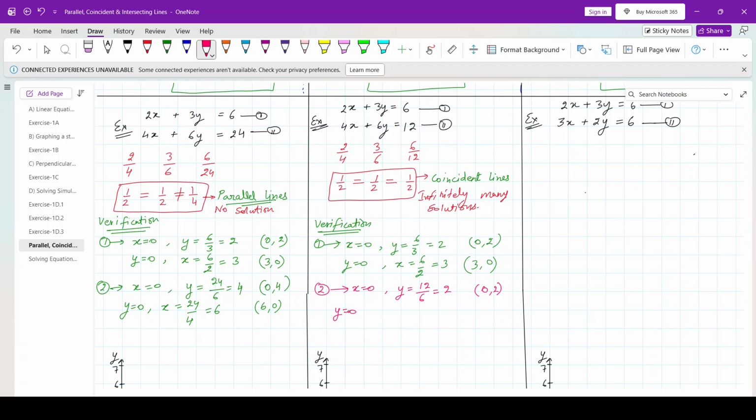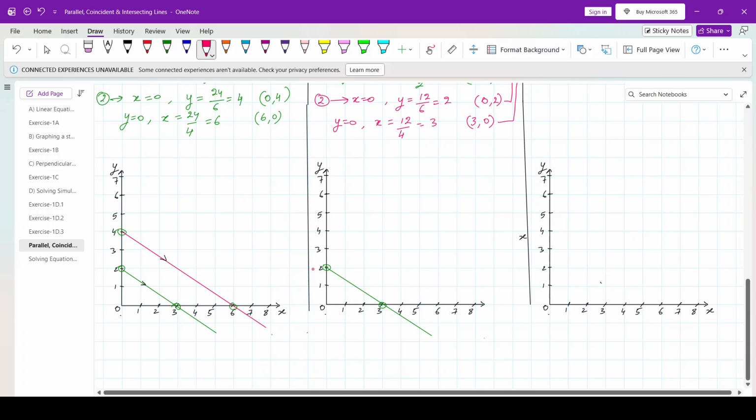Similarly, if we take y is equal to 0, we get 4x is equal to 12. So x will be equal to 12 divided by 4, that will be 3, and our point will be 3, 0. Now, can we see that this is the same point as this one, and this is the same point as this one? So our points will coincide with each other, and the line will overlap the previous line.